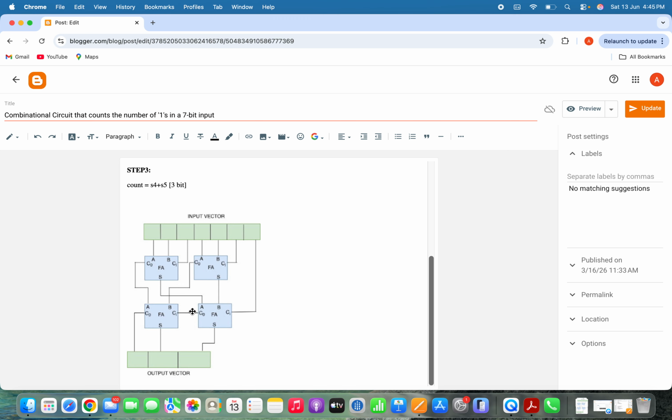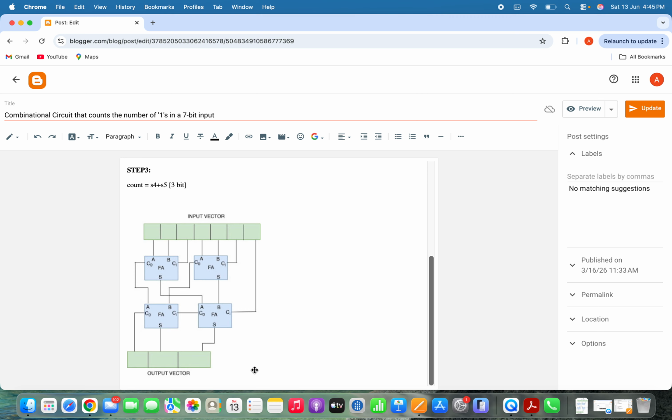This stage further compresses the intermediate result. Now the final output, as we can see, is represented by a 3-bit binary number. This 3-bit output represents the total number of logic 1s present in the 7 input bits, which is the population count or Hamming weight.